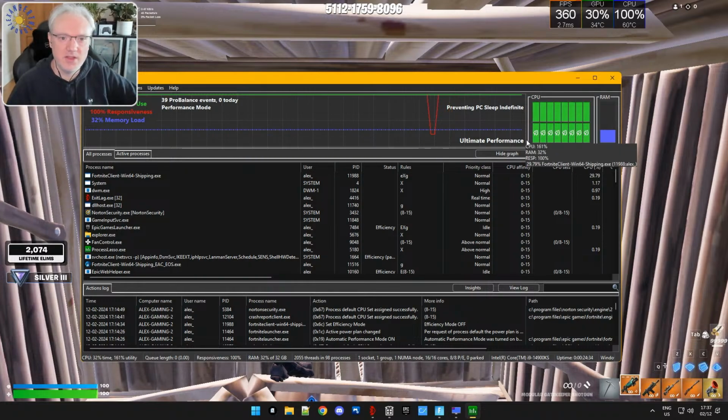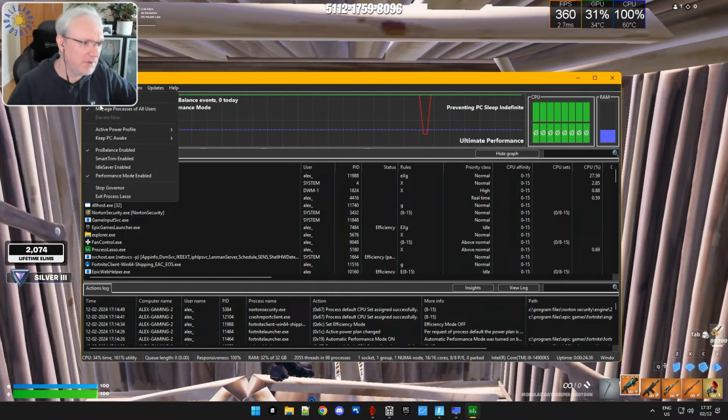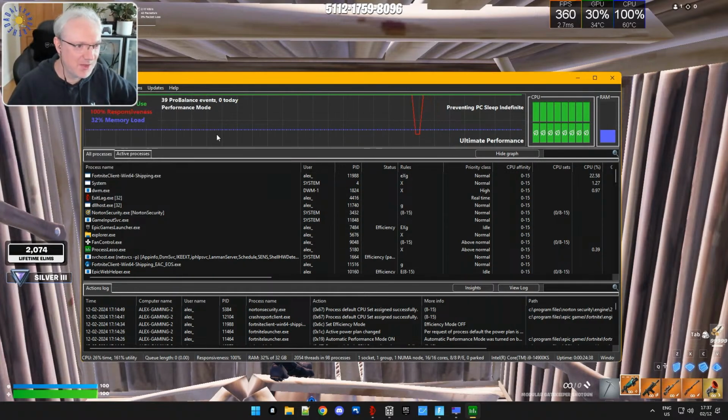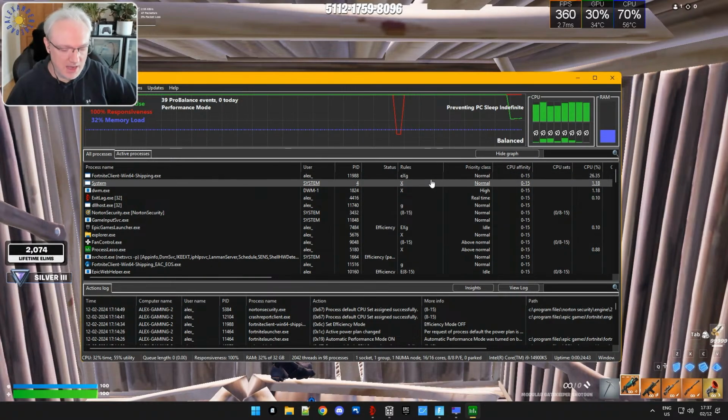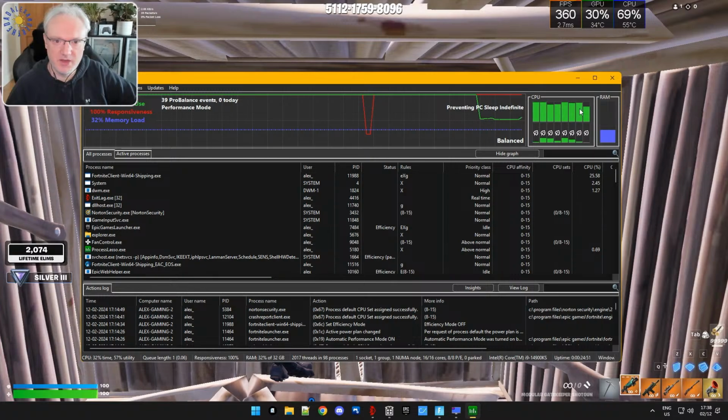Wait, have I got... Go balanced then. I just want something that doesn't have 100% CPU from the power plan being edited.